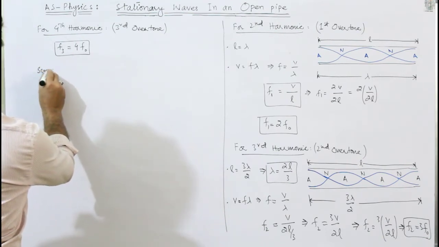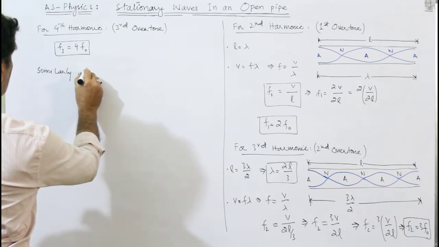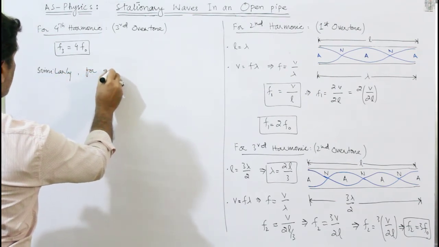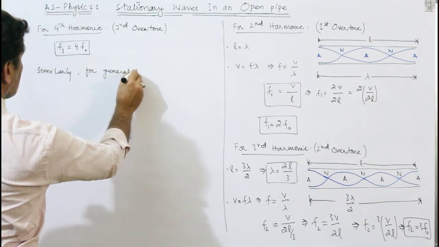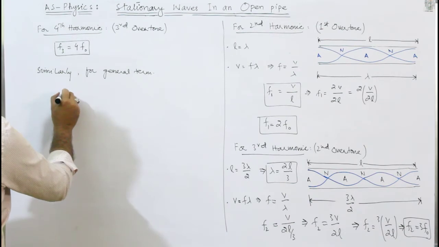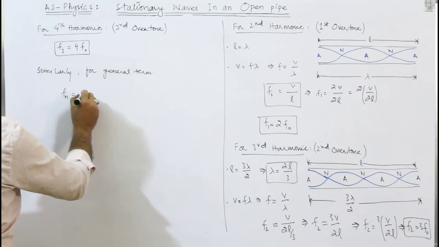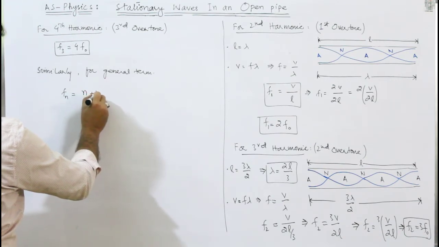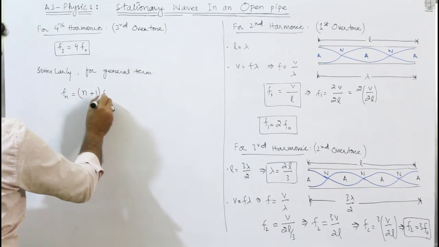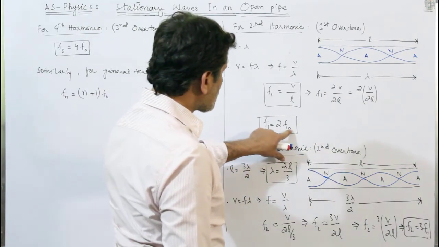Similarly, for the general term, we can use Fn, and here we can use n plus 1 times F naught, because if you observe this term, F1 is equal to 2 times F naught.